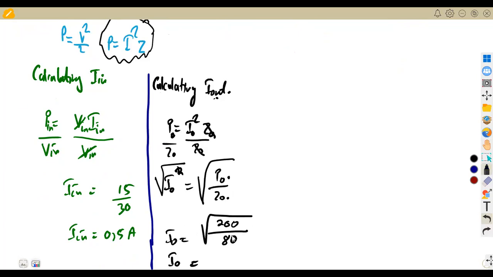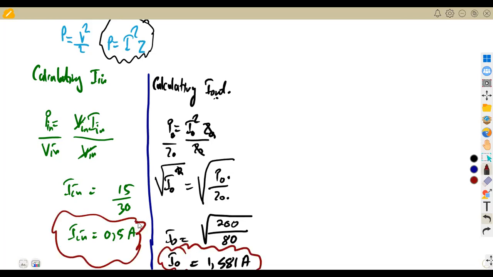The square root of 200 over 80 is 1.581 amps. We have everything that we need: the output current and also the input current. These are the values we are going to use to obtain our gain.